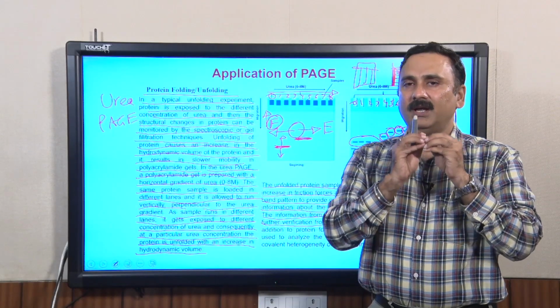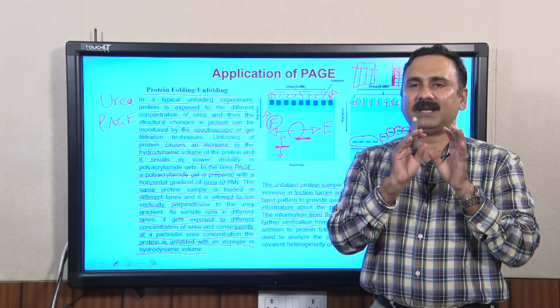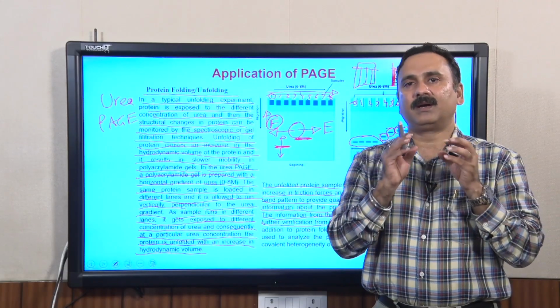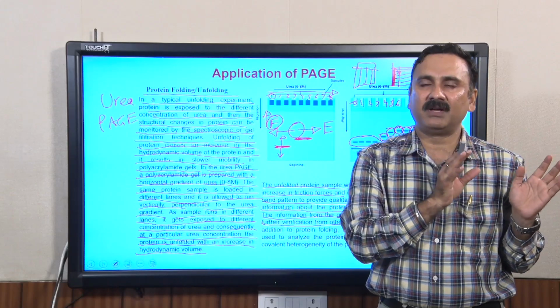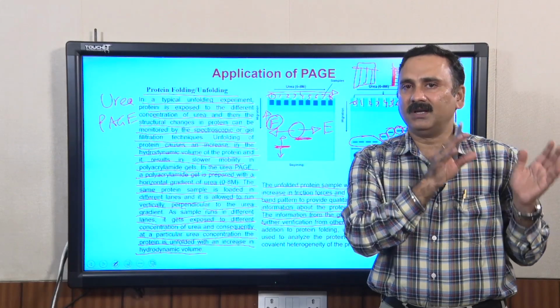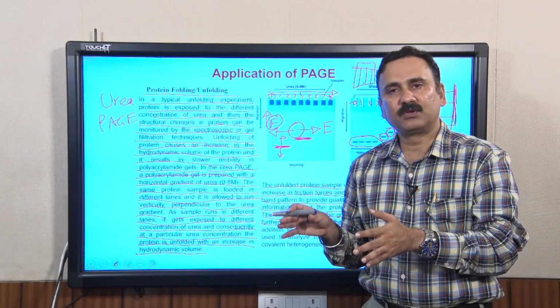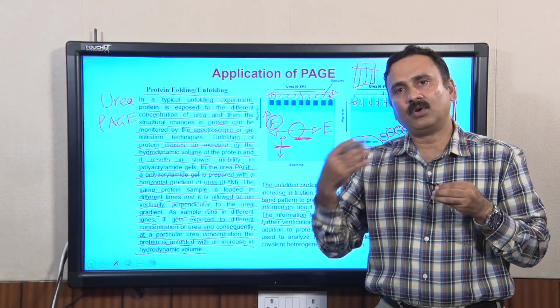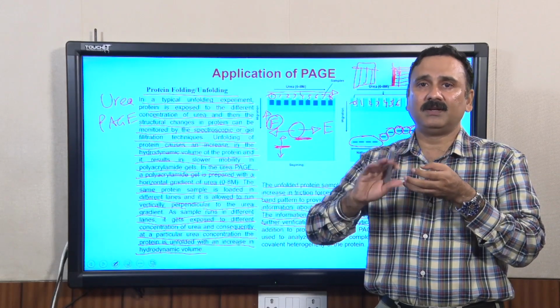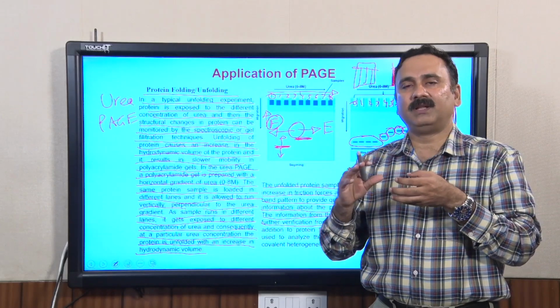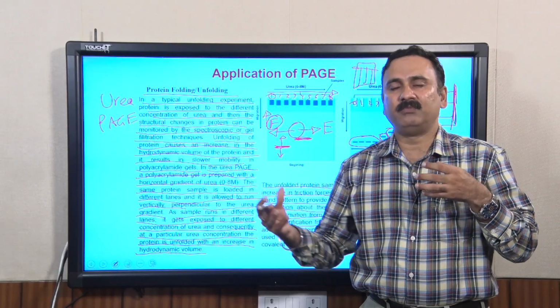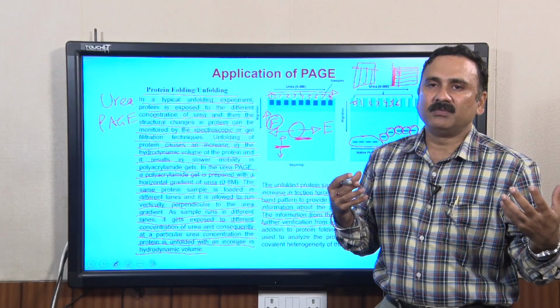That information is good enough to establish a few more concluding experiments using other analytical techniques such as CD spectroscopy or fluorescence spectroscopy, to answer more questions: what is opening, whether it is a domain which is opening, or whether some subunits are getting detached from this particular protein.